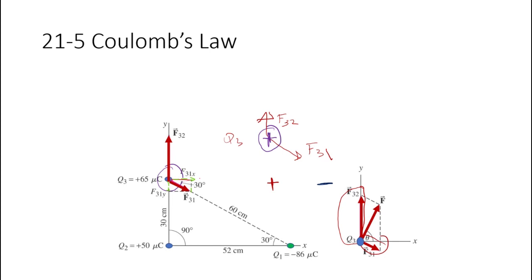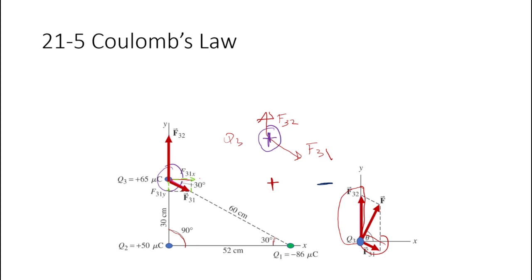But now we can determine the resultant force F, which is the net force. How do we do that? Very simple. We find the coordinates of each force, F31. Remember, we give these dimensions. We have 30 degrees here. We have 90 degrees here because it's perpendicular.